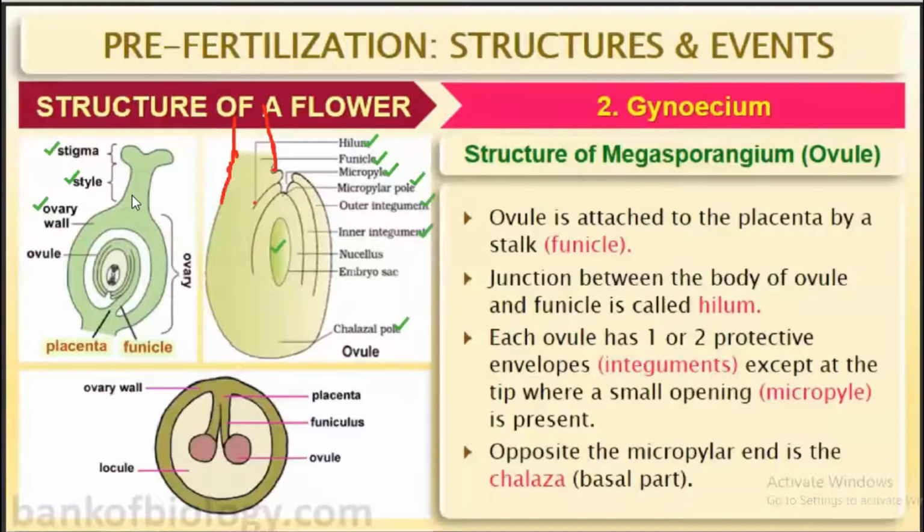Style is the stalk and ovary is the basal part. Inside the ovary, the ovule is present. The location of the female gametophyte is inside the ovule. The development of the female gametophyte takes place inside the ovule. Okay, I think it is clear for everyone.